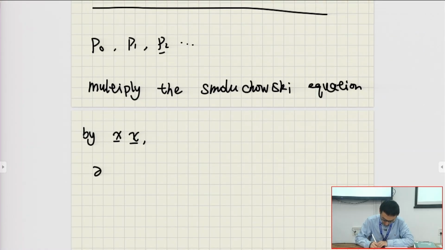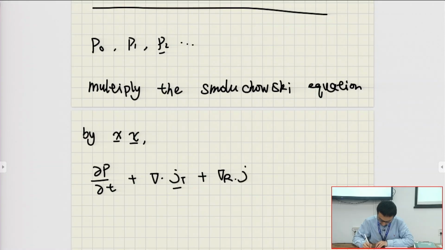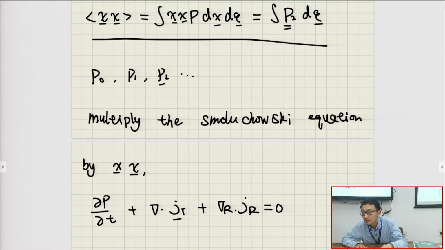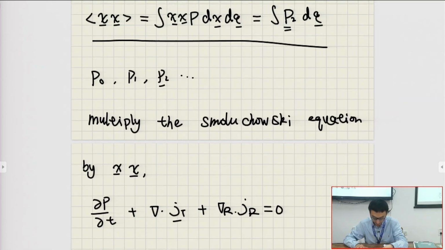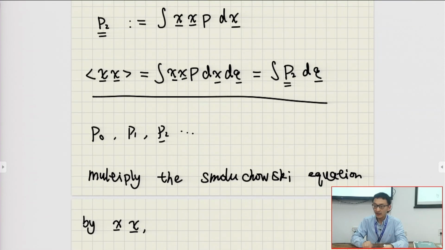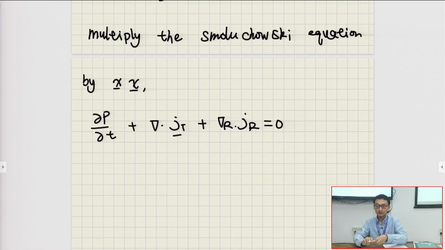And again, let's bring back our equations. We've defined it in terms of the distribution, but now we're trying to calculate what that would satisfy. So I multiply this equation by xx and I integrate in space.